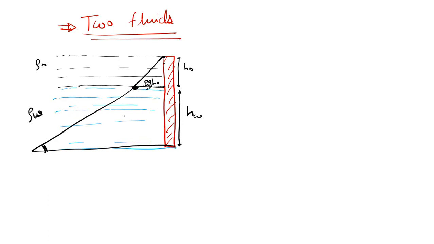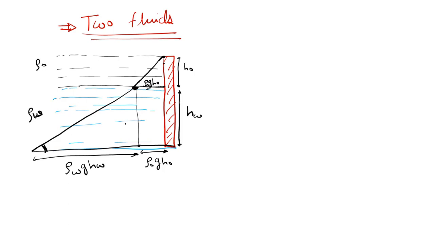So now let us see how to evaluate the force due to total pressure. It will be nothing but the area of the pressure diagram. What is this? Rho water g into h W, right?